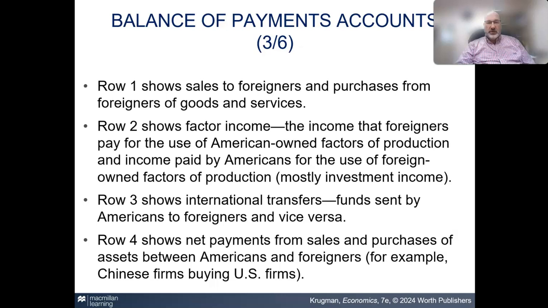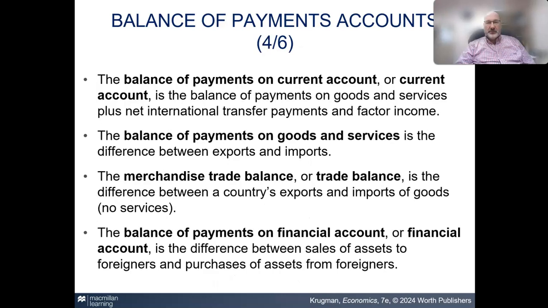Row three shows international transfers, funds sent by Americans to foreigners, and vice versa. So money that people send back home, things like that. Four shows net payments from sales and purchases of assets between Americans and foreigners, like Chinese firms buying U.S. firms and things like that.